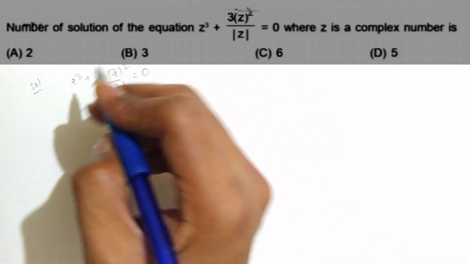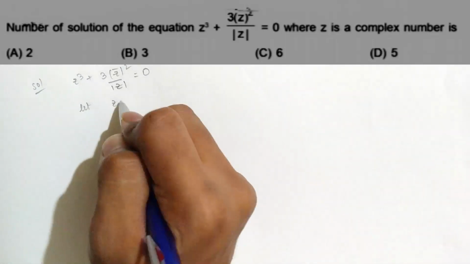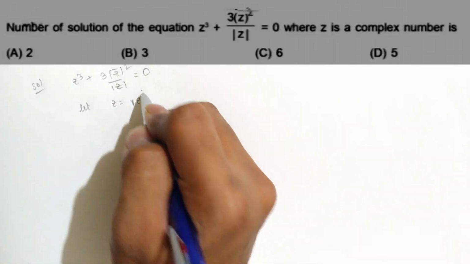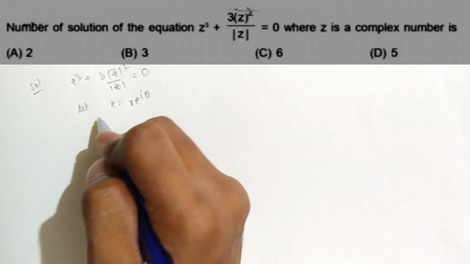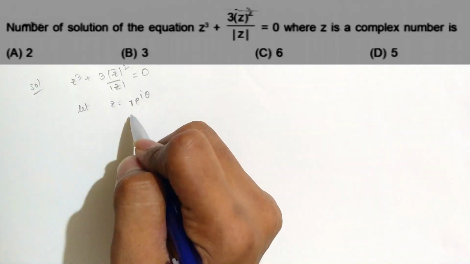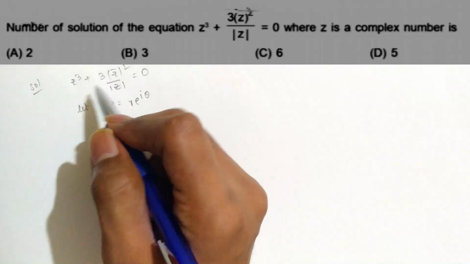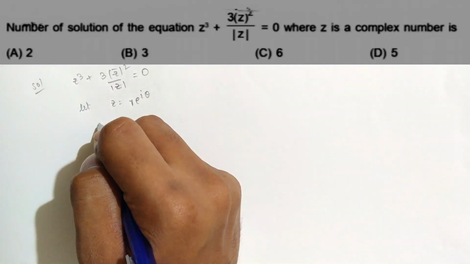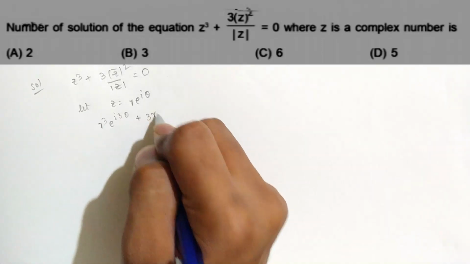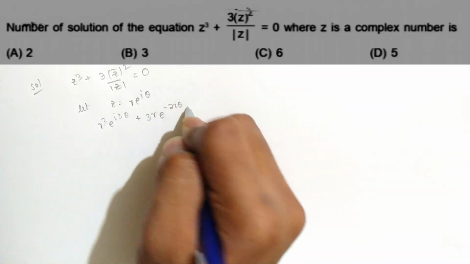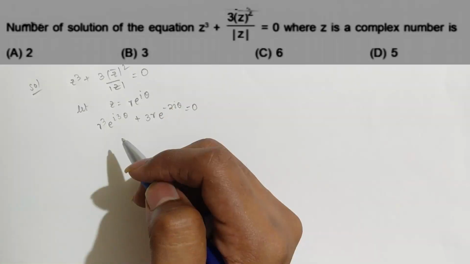Let us take z equals r into e power i theta. That is Euler's form. Now substitute z equals r into e power i theta in this one. So r cube into e power i 3 theta plus 3r into e power minus 2 i theta equals 0.